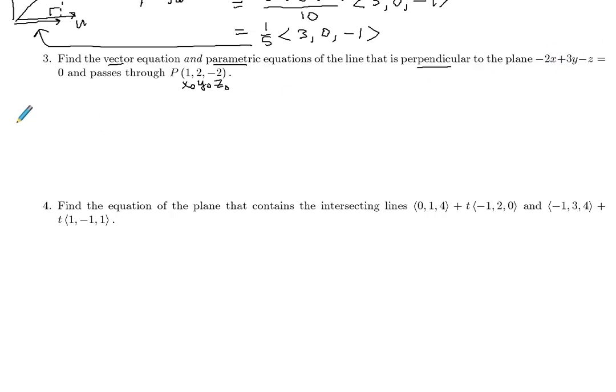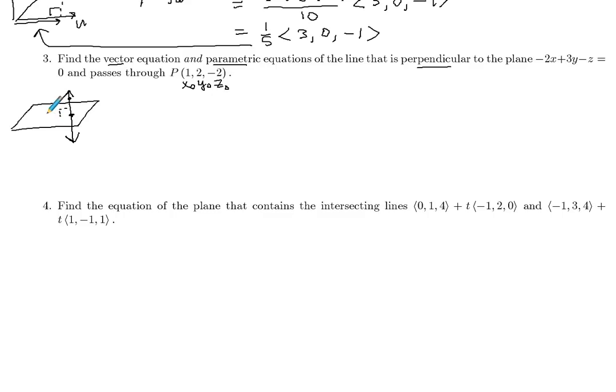So if we were to sketch a picture here, we've got this plane, and the line is perpendicular to that plane. So that line looks like this, and intersects at a point here, which may not be this point. That point 1, 2, -2 is on the line, not necessarily a point on the plane.